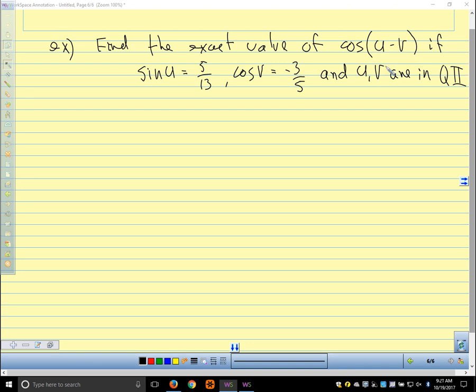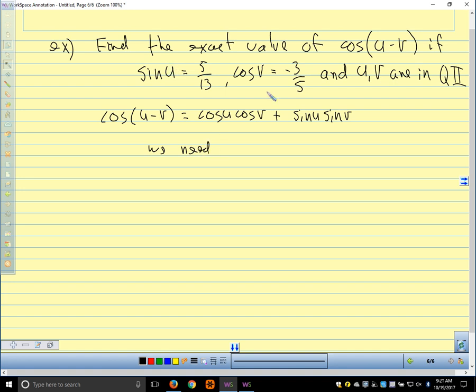All right, so we want cosine u minus v. So we know that cosine of u minus v from our formula is cosine u cosine v plus sine u sine v. Well, what are we missing?